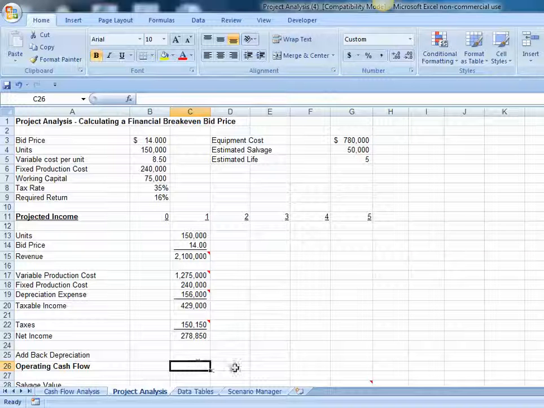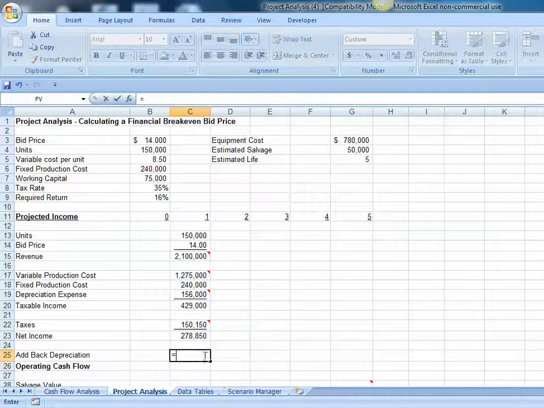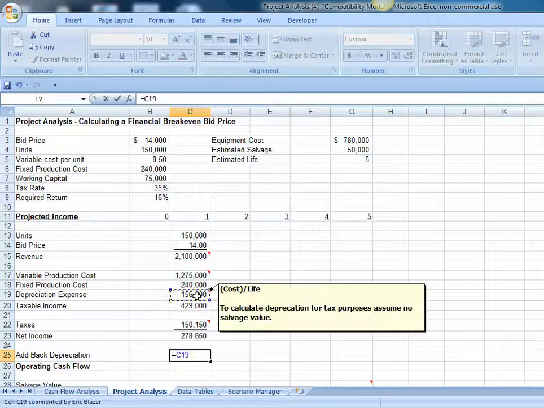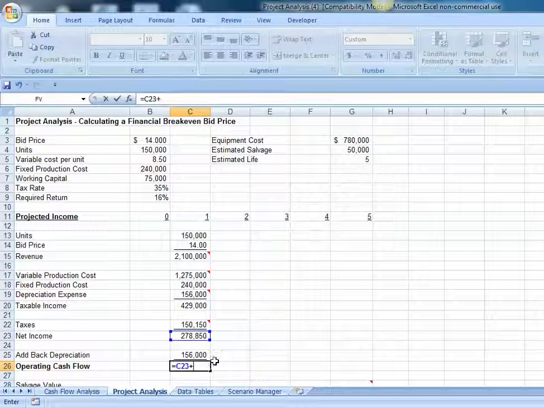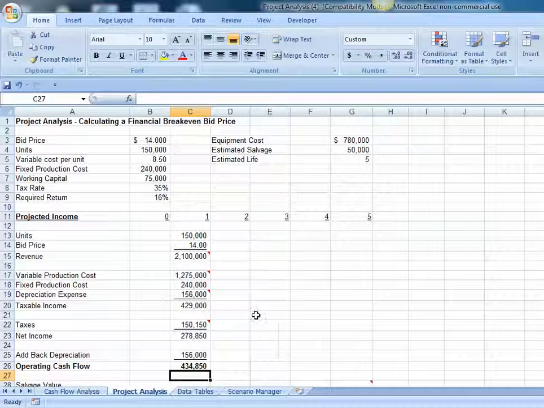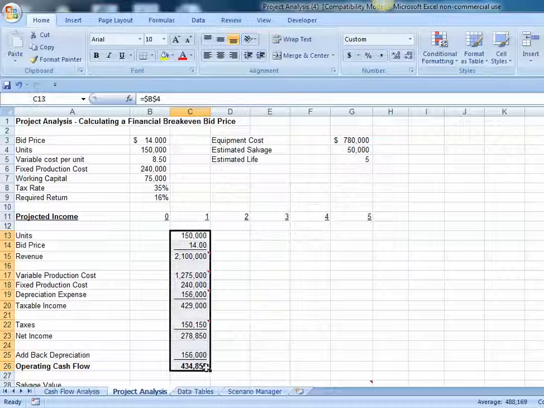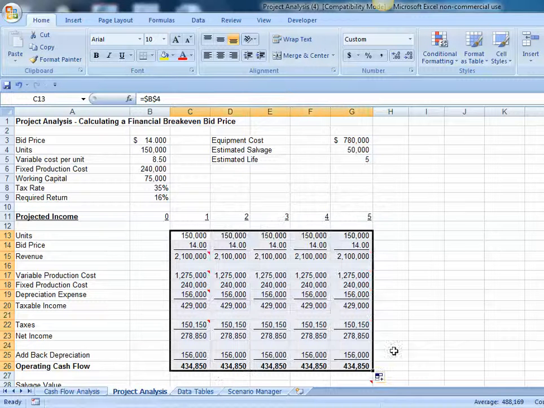To calculate our operating cash flows, we take net income and add back depreciation expense, so let's link to our depreciation expense, and then finally calculate our operating cash flow as net income of $278,850 plus our $156 in depreciation expense. We have an annual operating cash flow of $434,850, and we can copy that across to all 5 years since we're assuming that there's no changes in the units sold or in our selling prices or cost over this 5-year project's life.